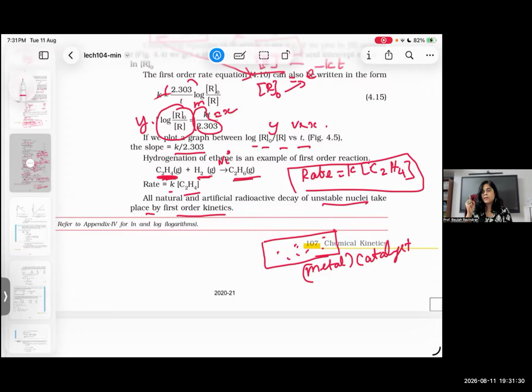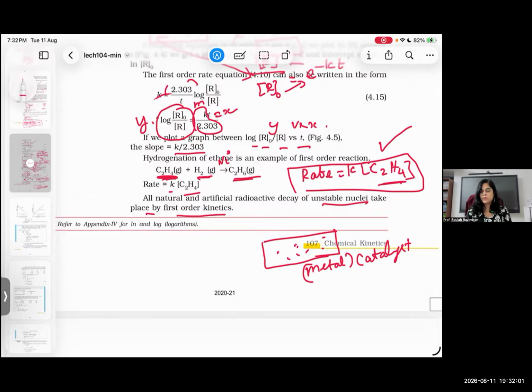So if you change the pressure or concentration of the hydrogen gas, it does not alter the number of active species on the surface. This is the main reason. So for the first order behavior, the overall speed relies entirely on how much ethene approaches and reacts on the surface.